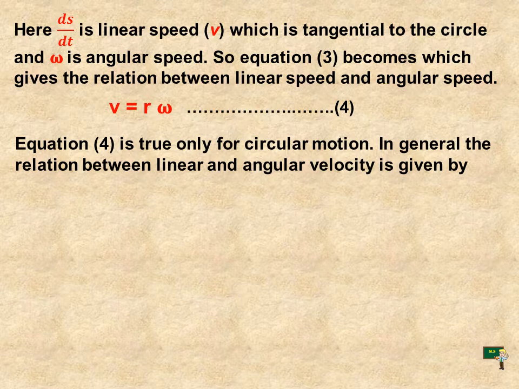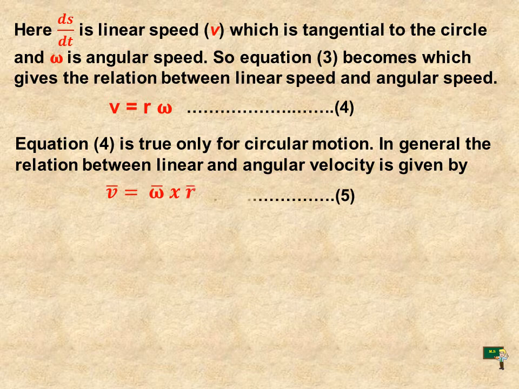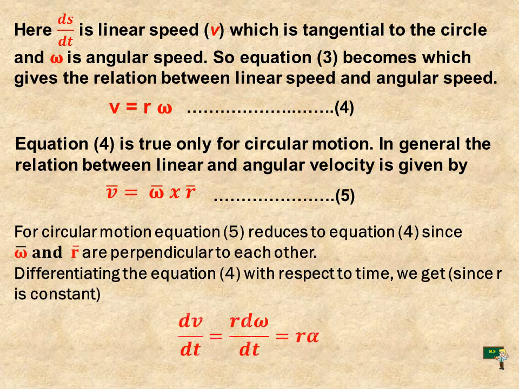In general, the relation between linear and angular velocity is given by v vector is equal to omega vector cross r vector. For circular motion, equation 5 reduces to equation 4 since omega vector and r vector are perpendicular to each other.